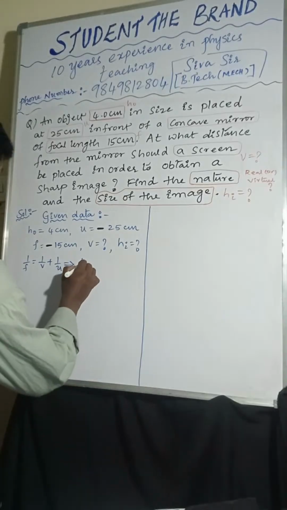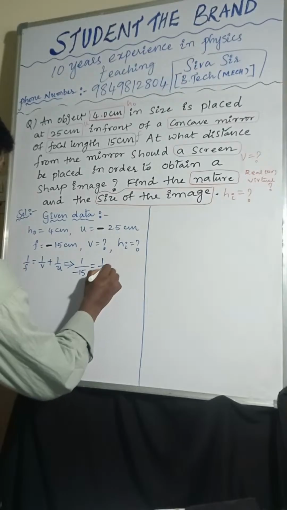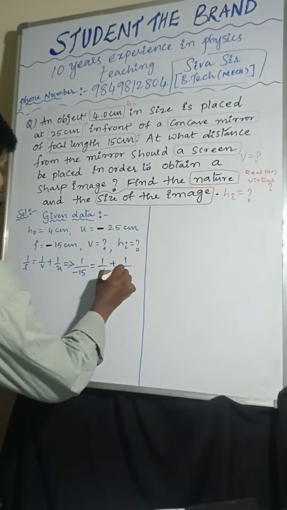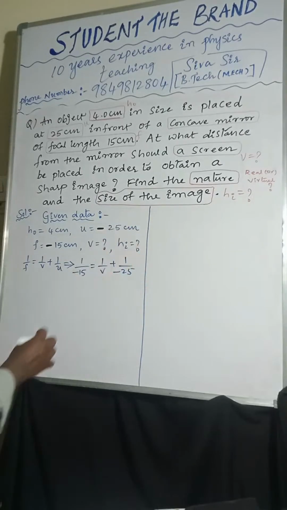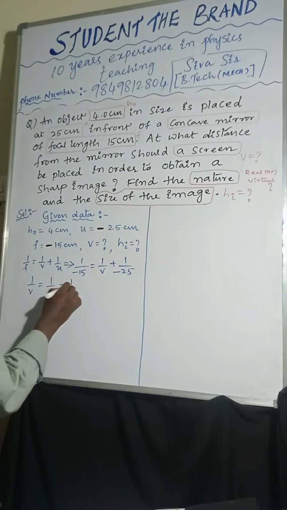So 1 by minus 15 equals 1 by v plus 1 by minus 25. Object distance is minus 25. So now 1 by v equals 1 by 15 minus 1 by 25.